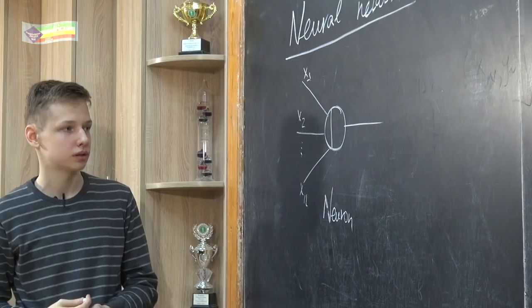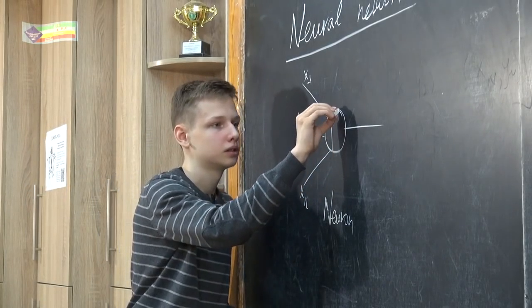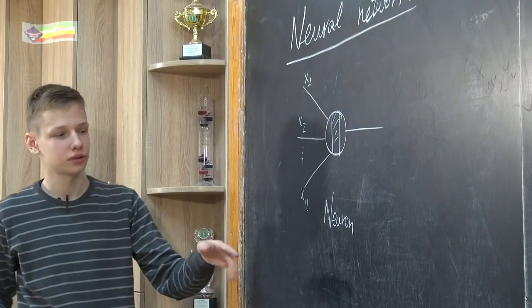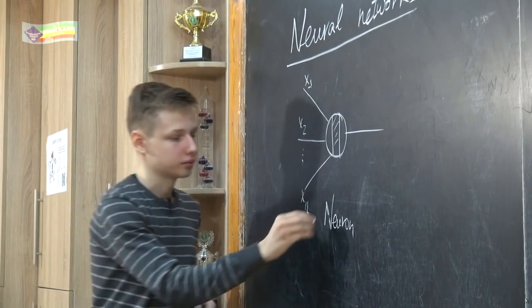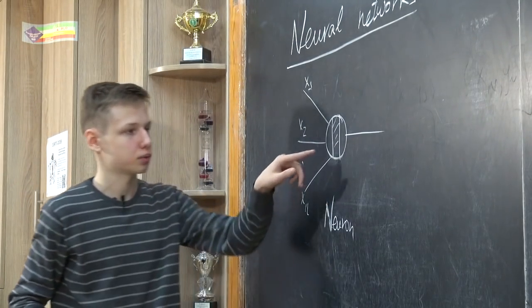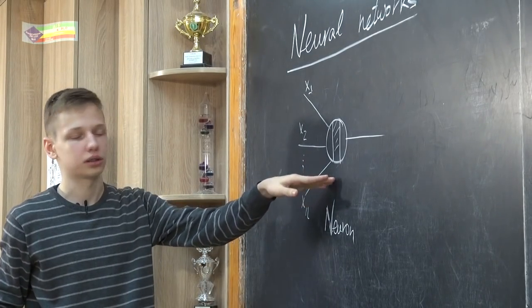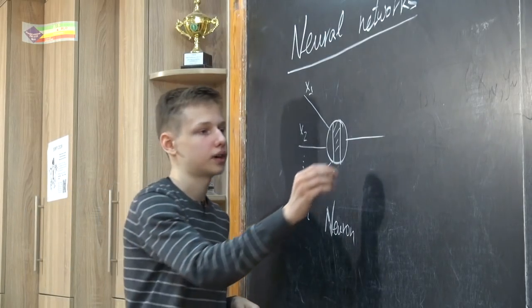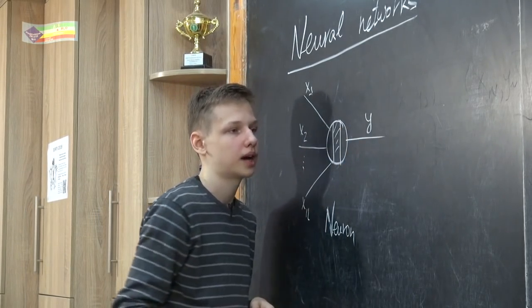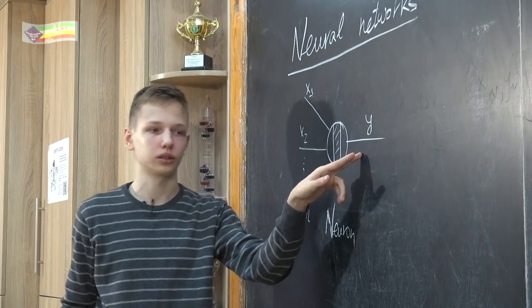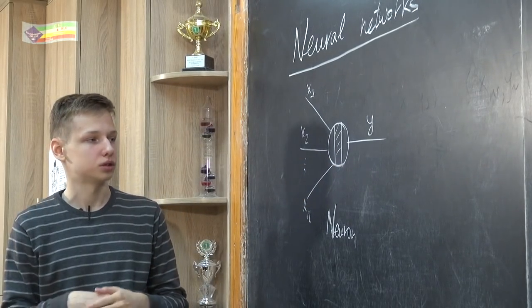Then we have the brain of the neuron, the most crucial part, which makes all these calculations. And then we have the output, and the output has only one value to be shown.